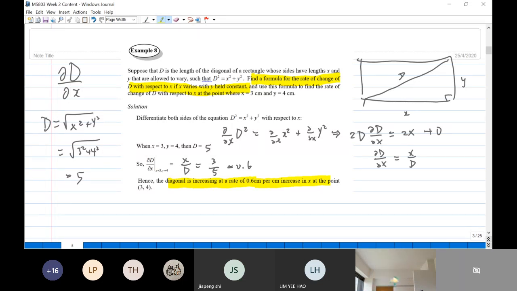This is what it means, right? So you can find this ratio here. This is actually how to interpret a partial derivative.